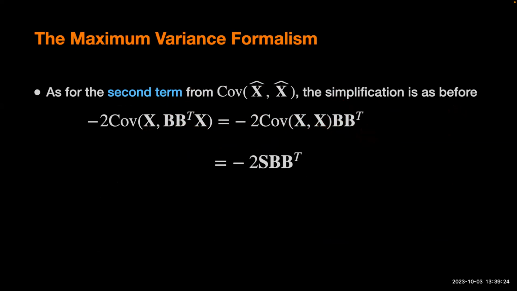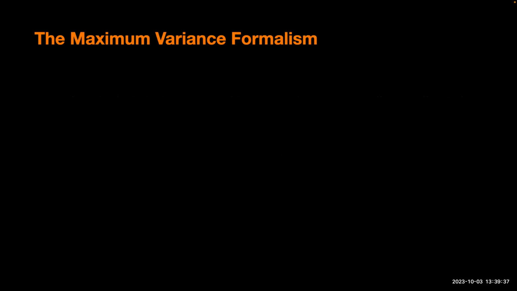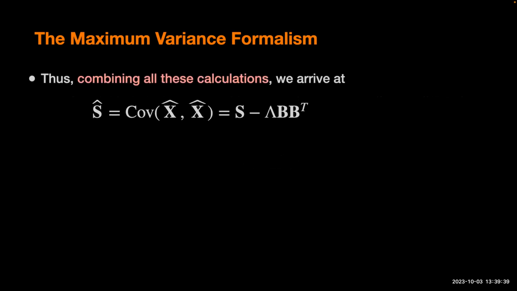So this is just S. I again encounter S and B that give me -2 lambda BB transpose. Very hairy, but if I combine all the calculation, the covariance of X hat is just S minus lambda BB transpose.